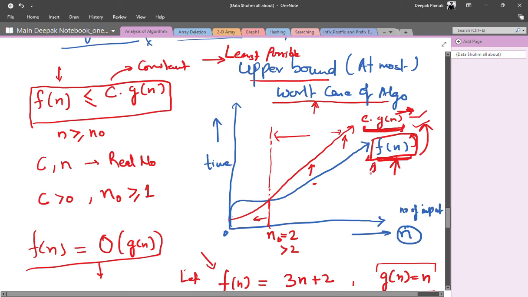That means we are finding the worst case function for our algorithm. Once it is found, then on the basis of that function we can say that this algorithm takes this much time in the worst case scenario on given inputs, which is our n.